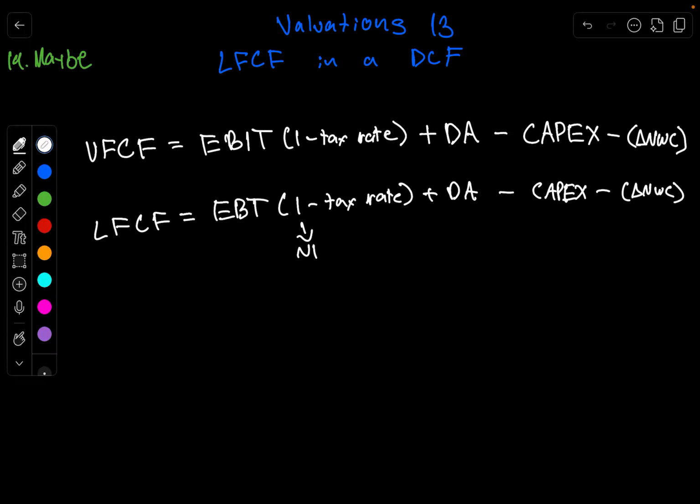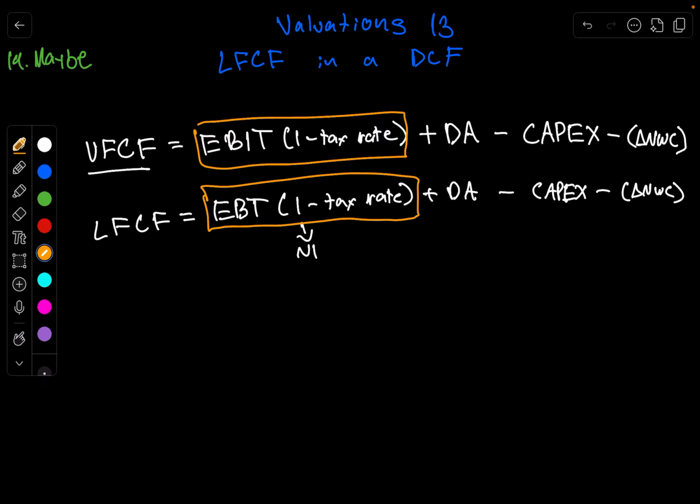So the real difference is in unlevered free cash flow, we use EBIT times 1 minus the tax rate. In levered free cash flow, we use net income, or EBT, pre-tax income, times 1 minus the tax rate, right? That's really the only difference here. But what does that actually mean, right?